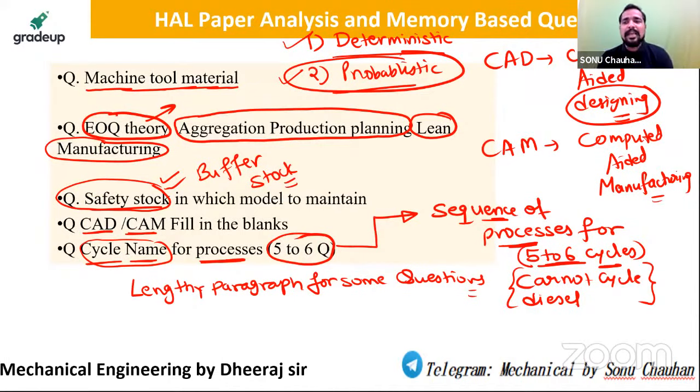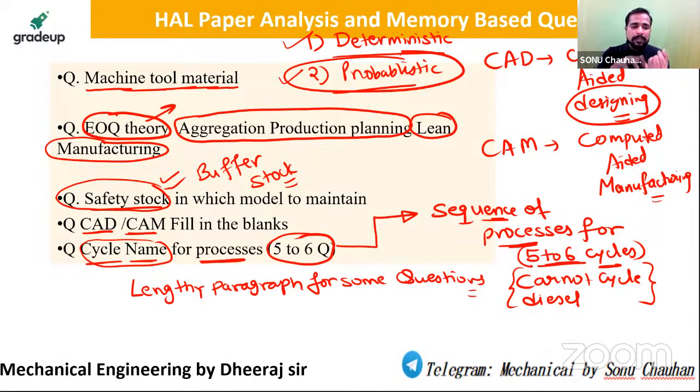And one more thing I would like to say to all of you: if you think there are a few questions you have not attempted because of lack of time, this is not a problem for you, because the HAL exam is not like HPCL. There are a number of students who felt the shortage of time during the exam.